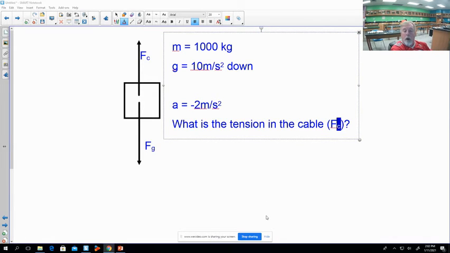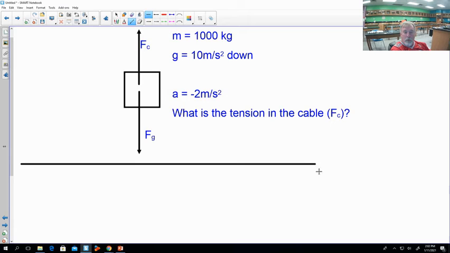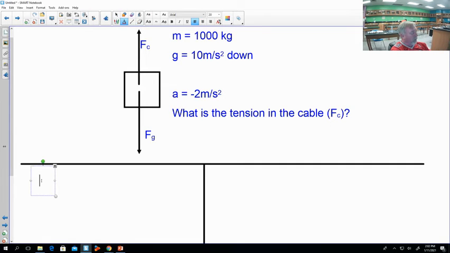So we need to do our problem here in two parts, right? Let me draw a line here to kind of separate out what we're doing. The first part I want to do over here is Newton's second law, right straight from our free body diagram.